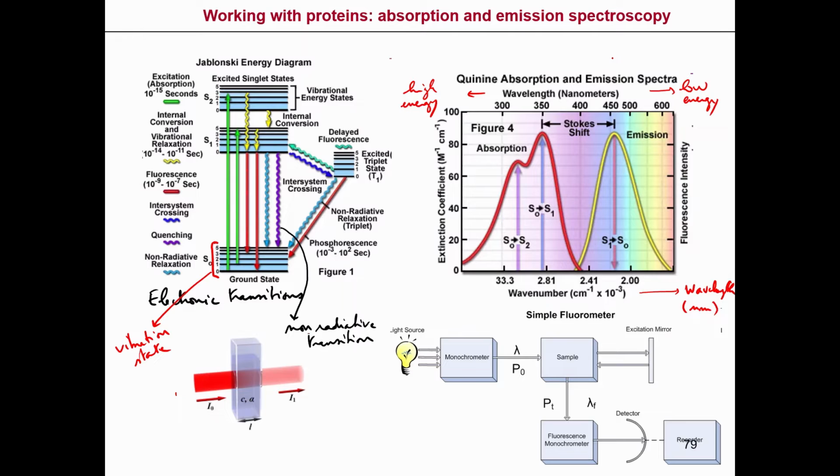Energy is inversely proportional to the wavelength. We call this the Stokes shift. The Stokes shift is the difference between the maximum of the emission and the absorption spectra.